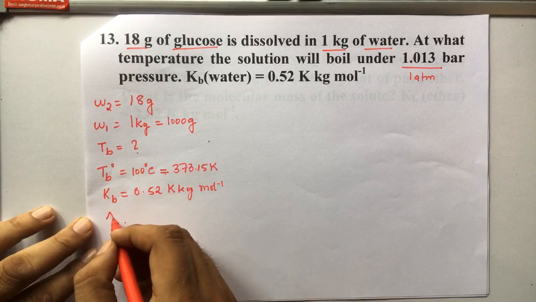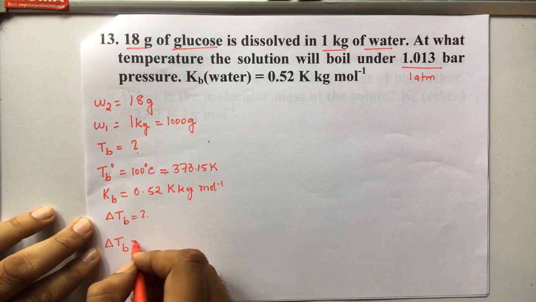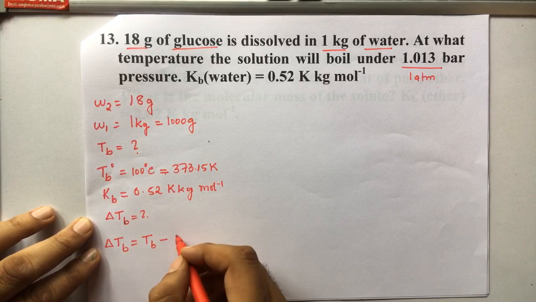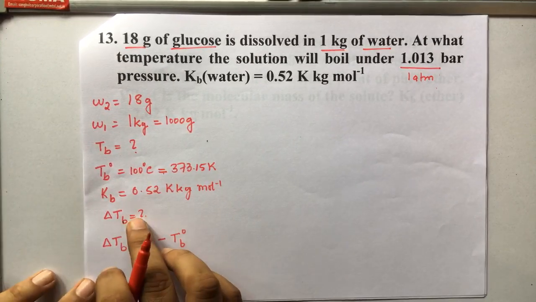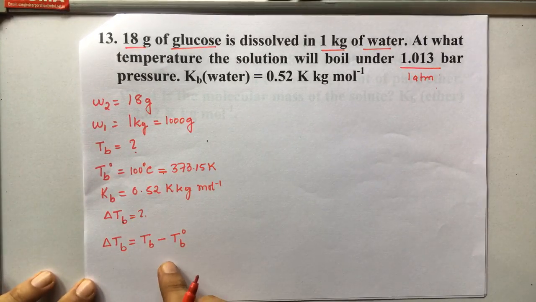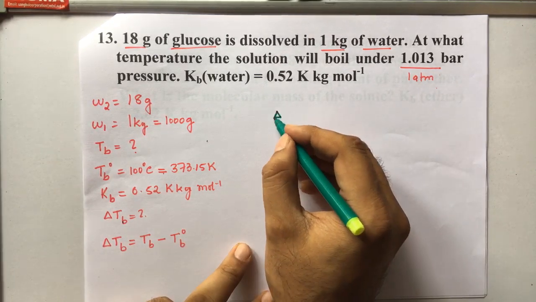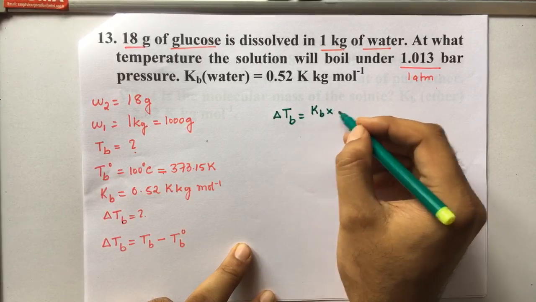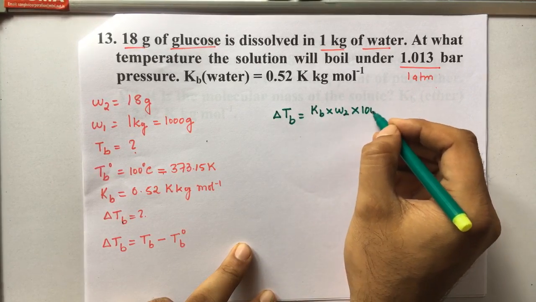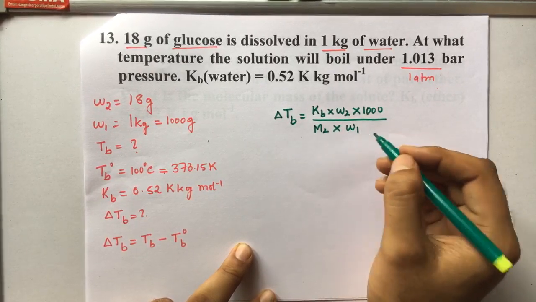First we shall calculate delta TB. Delta TB is a question mark. We know delta TB is equal to TB, the boiling point of the solution, minus the boiling point of the pure solvent. So first we shall calculate delta TB, then we shall calculate TB using this formula. Now, as usual, the formula that we have used, delta TB is equal to Kb multiplied by W2 into 1000 divided by M2 into W1.